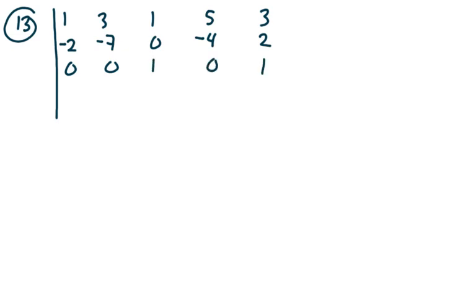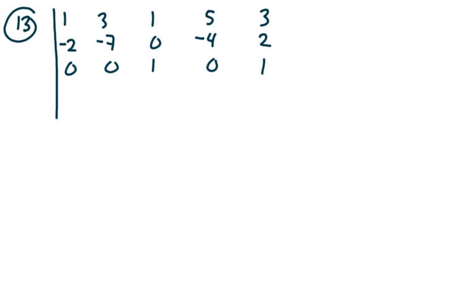So we have 1, 3, 1, 5, 3 for the first row. -2, -7, 0, -4, 2 for the second row. Okay? And we get 0, 0, 1, 0, 1 for the third row.